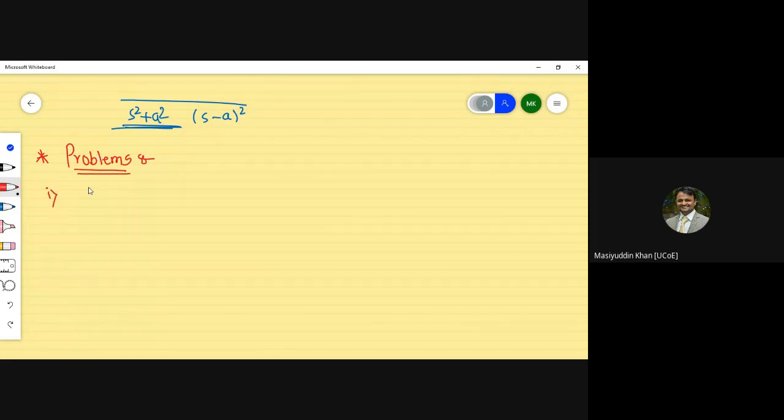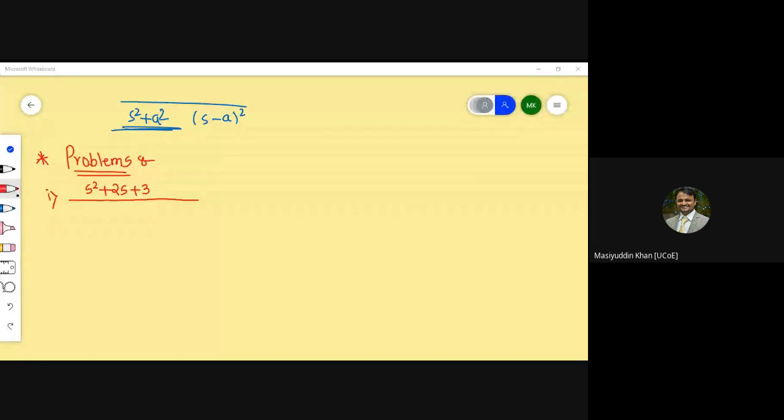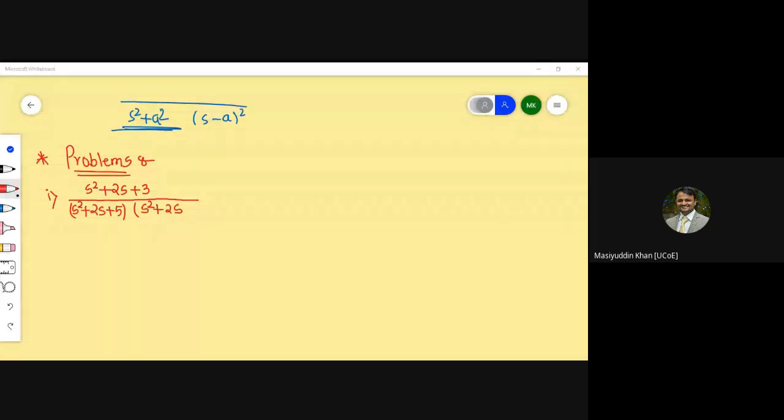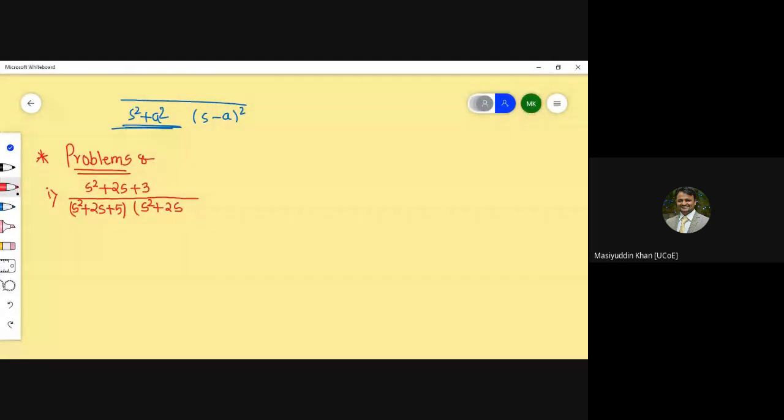So the problem is (s square plus 2s plus 3) upon (s square plus 2s plus 5)(s square plus 2s plus 2).